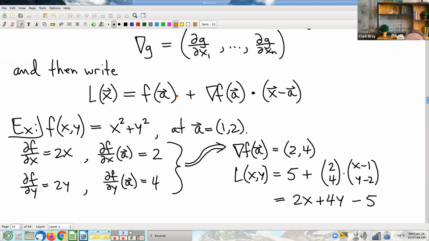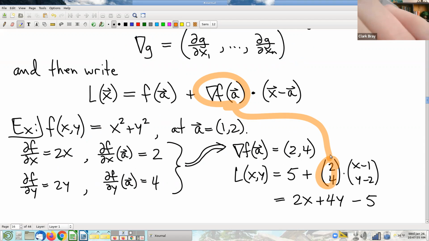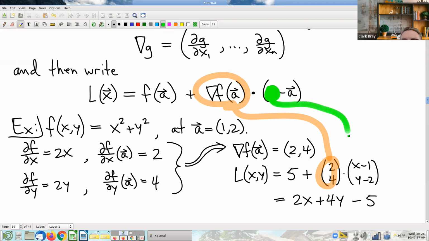And so the gradient vector, 2, 4, goes right there. You can see x minus a right here. There's x minus a.